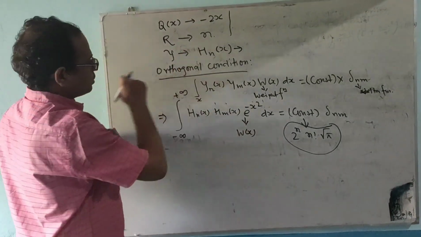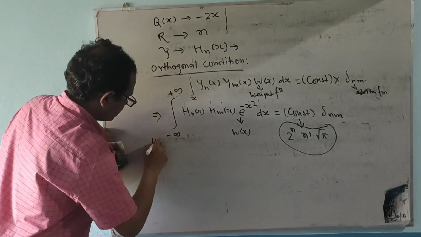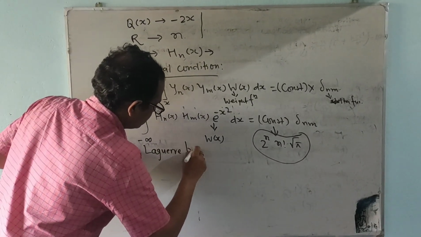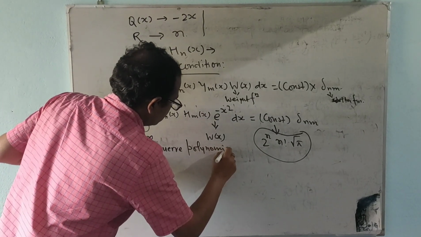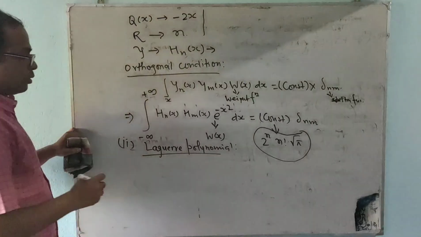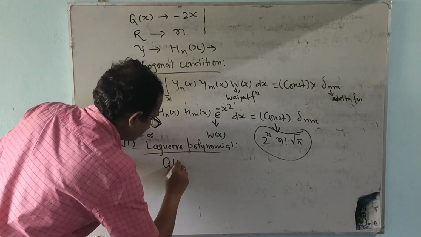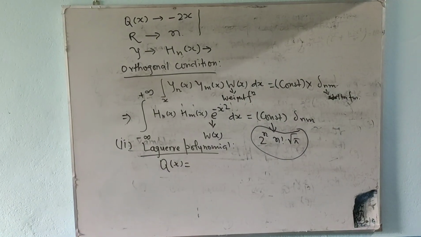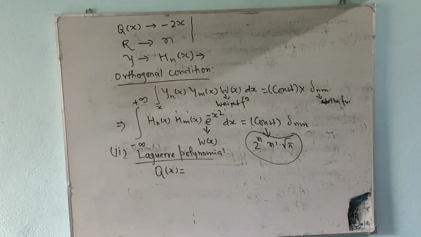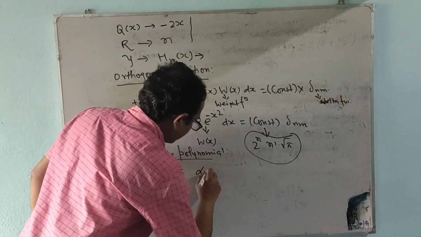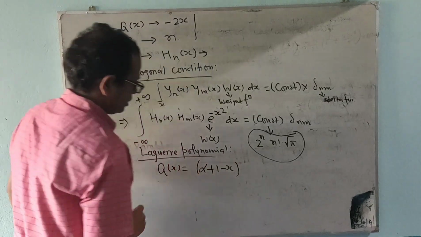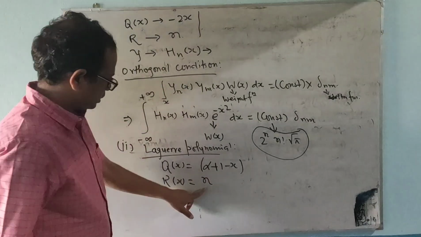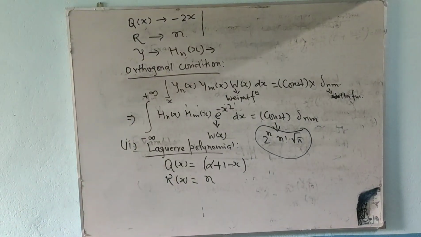So in the case of the Laguerre polynomial, what we have in this case, this q of x and r of x are defined by q of x is equal to alpha plus 1 minus x, and r of x is equal to n.